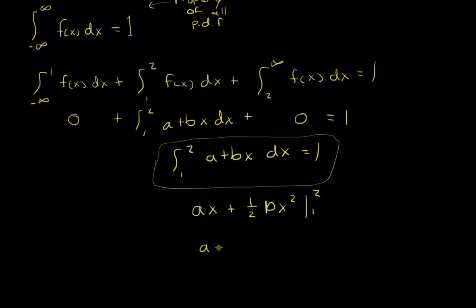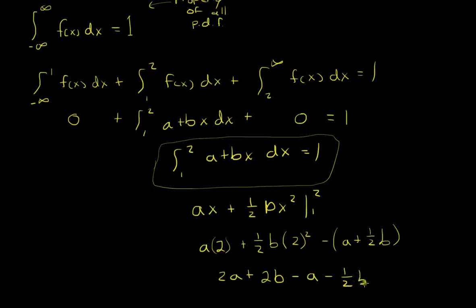This would then be a times 2 plus 1/2 b times 2 squared, minus a times 1 plus 1/2 b times 1 squared, which is just 1. So this is 2a plus b times 2, since 2 squared is 4, and 4 divided by 2 is just 2, so 2b, minus a minus 1/2 b.